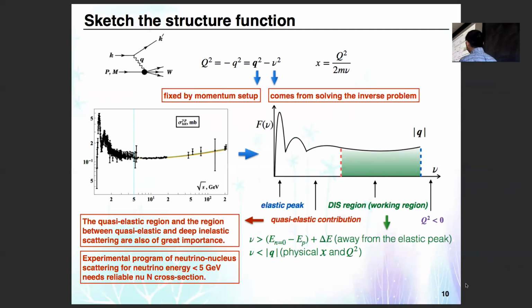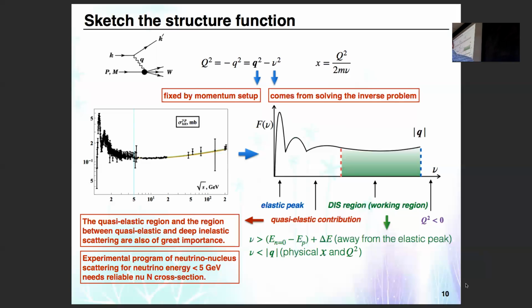Similarly, we can plot this for the structure function. We can expect some elastic peak at small nu, then semi-elastic peaks or contributions at larger nu, and several GeV above this we can hopefully enter the DIS region, which we call the working region if we want to calculate something related to parton distribution functions.